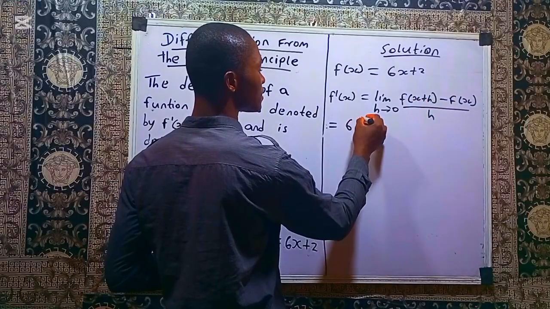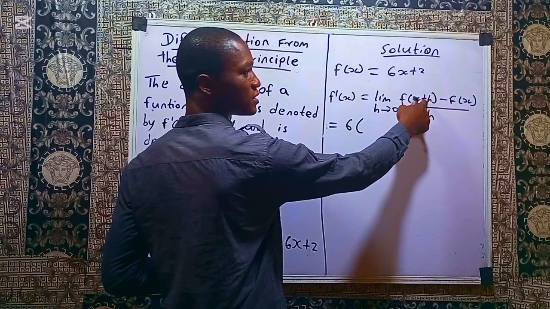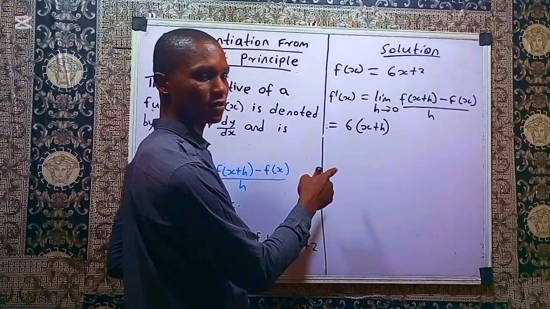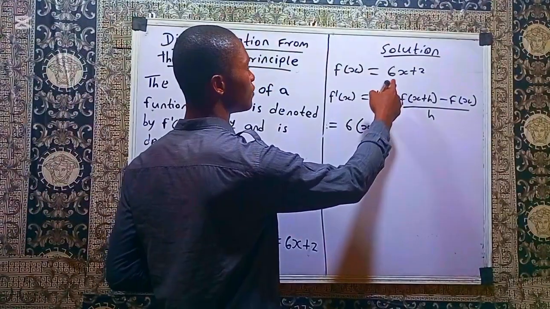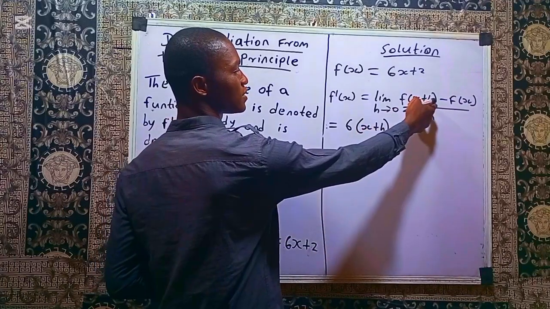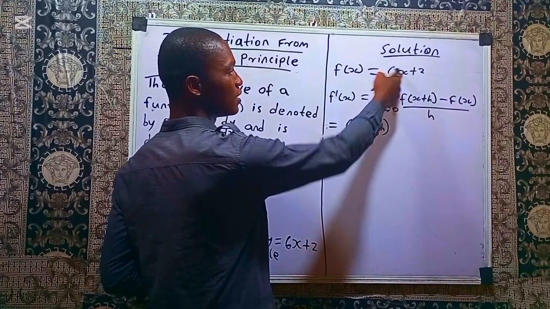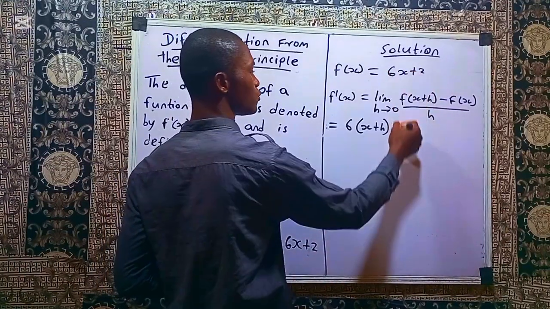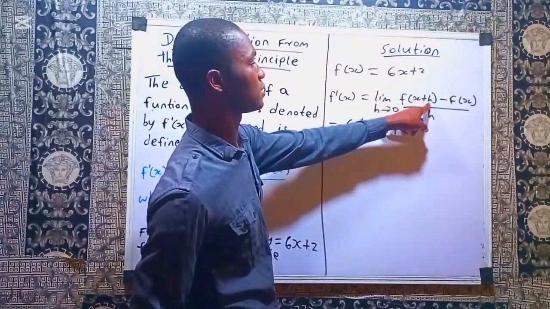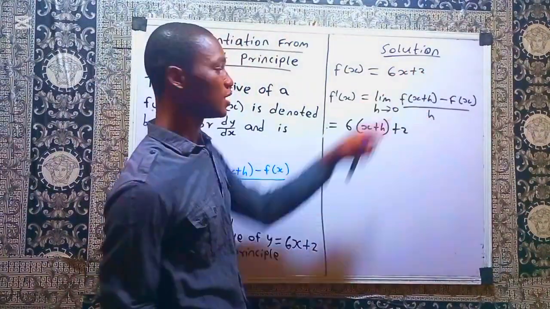So it will be 6 multiplying what is inside the function, x plus h, right? That x plus h is what's inside the function in place of this x. Then plus what? 2. So you have substituted this in place of x in your function.